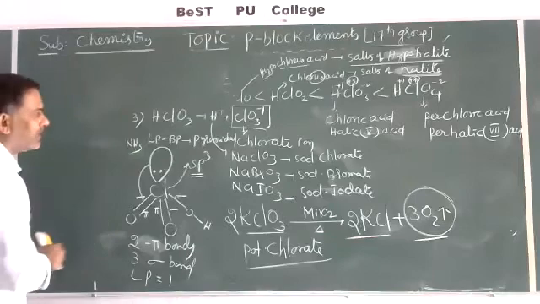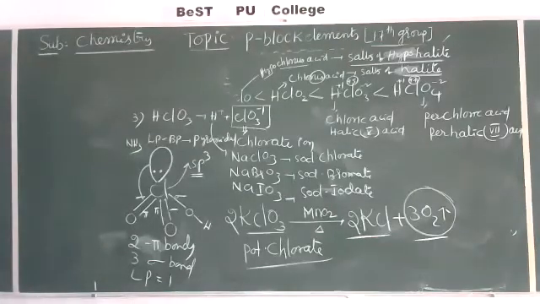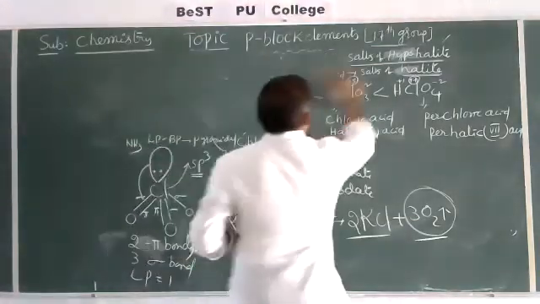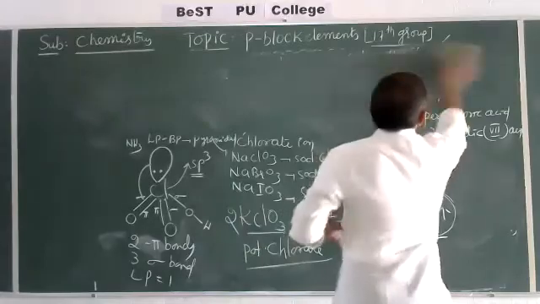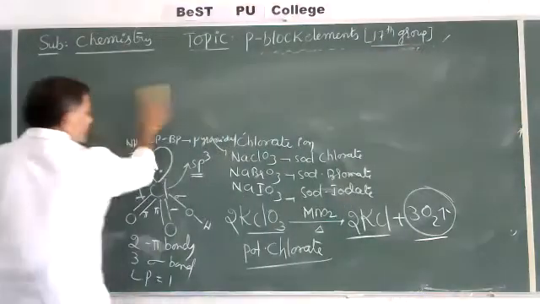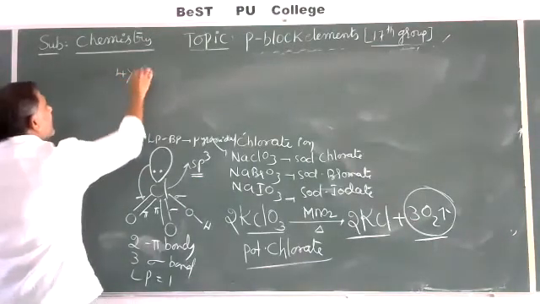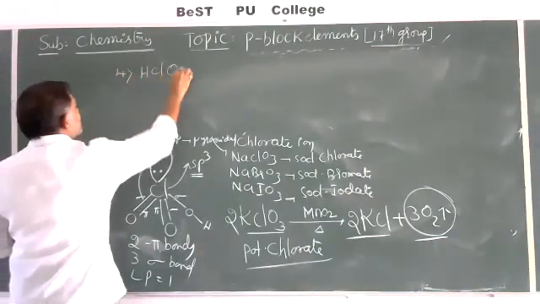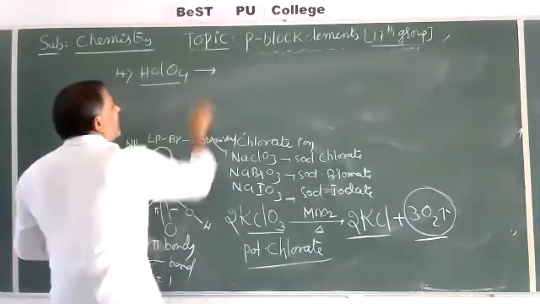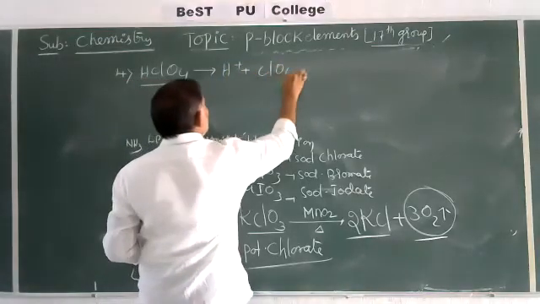Next one is perchloric acid. Sir, the last, fourth one is HClO4. This HClO4 ionizes, it gives H plus and ClO4 minus 1.